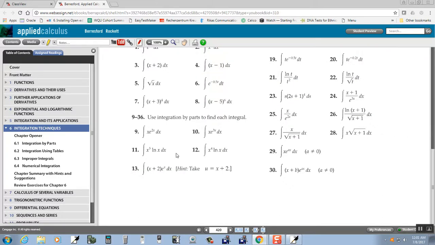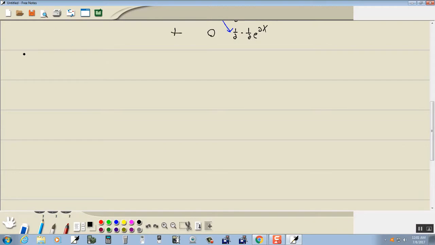Okay, number 11. The integral of x to the 5th natural log of x dx. Now here that table really doesn't work out very well.